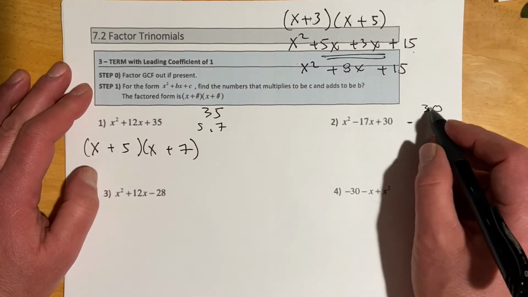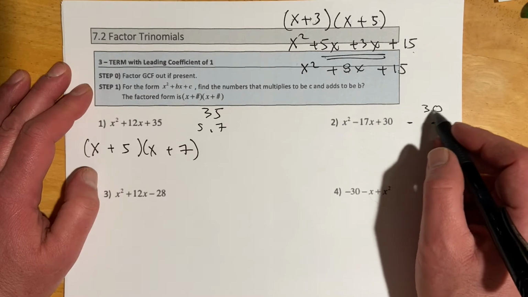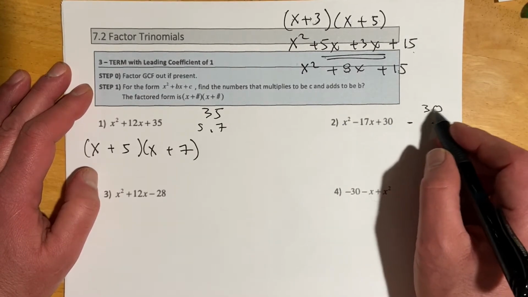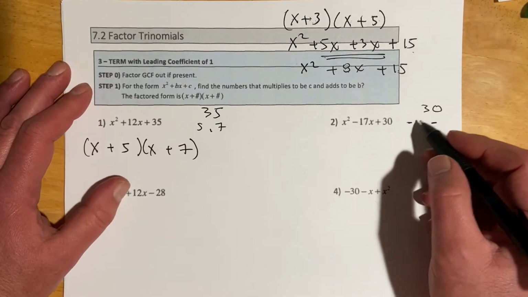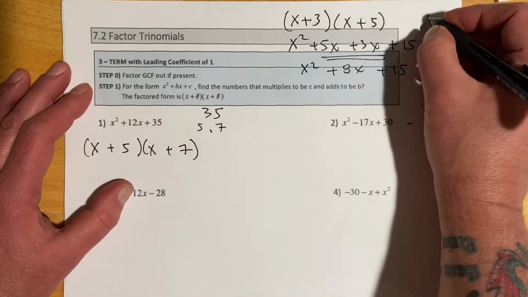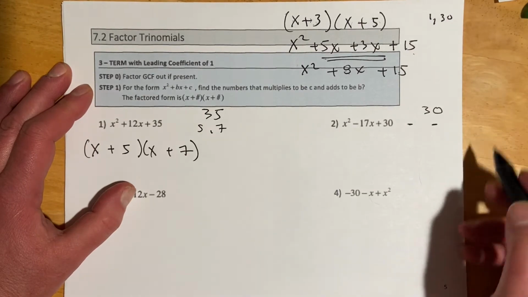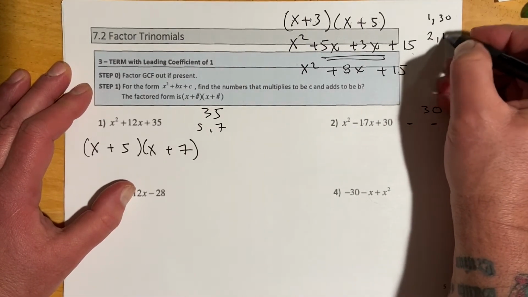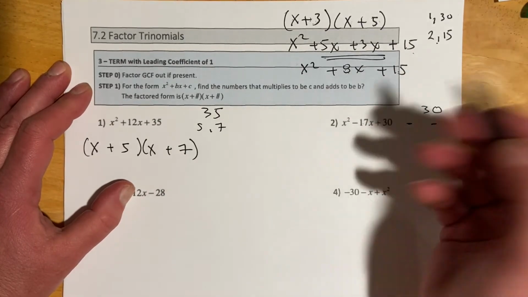So now I start thinking through things that make 30. And if you're trying numbers and you can't figure it out, you're like, 5 and 6, that's not 17. 3 and 10, that's not 17. You're not seeing it. You can always go 1 and 30. Okay, so those add to 31. That's not it. Does 2 go in? Yep. 2 and 15. Okay, there it is. 2 plus 15 is 17.